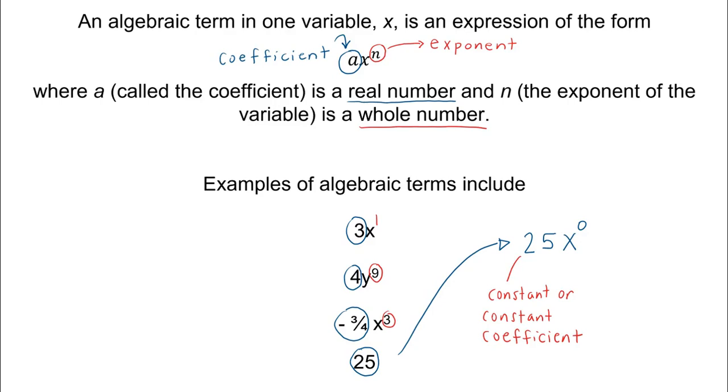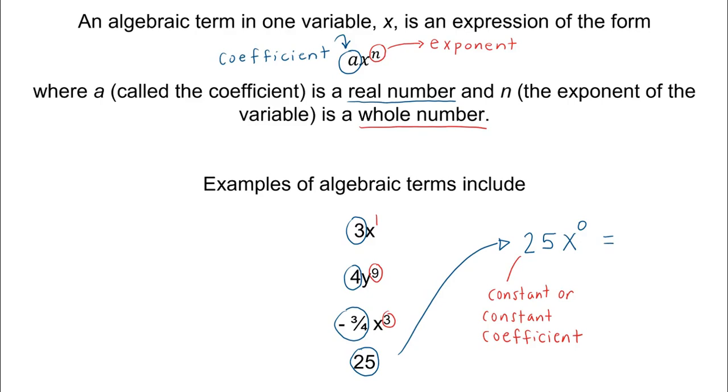Now, writing 25 like this, 25x to the 0 power, makes it look more like an algebraic term. Wouldn't you agree? Because I have my coefficient of 25, and I have my variable portion of x raised to the 0 power. But 25x to the 0 power is the same thing as 25. Why? Because we know that any number raised to the 0 power is 1.